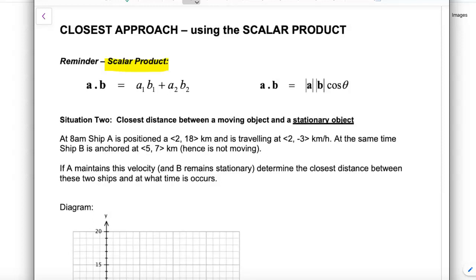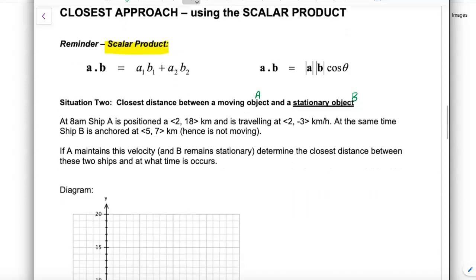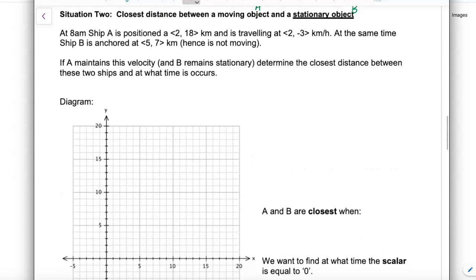We're going to have a look at another situation now that looks at the closest distance between a moving object, we're going to call that ship A, and a stationary object, ship B. So we've got ship A, which is positioned at 2, 18, and it's travelling at 2, -3 kilometers an hour. So we can see that it's travelling in this direction.